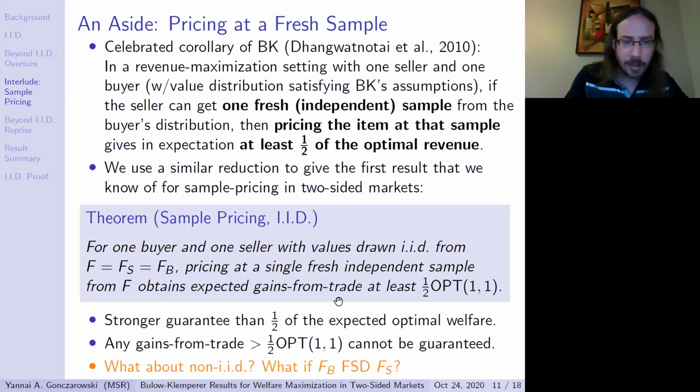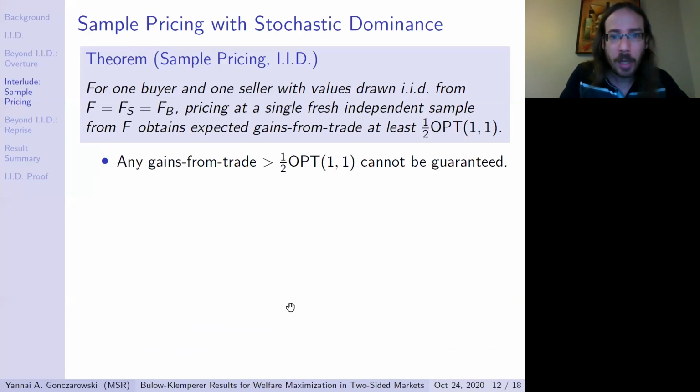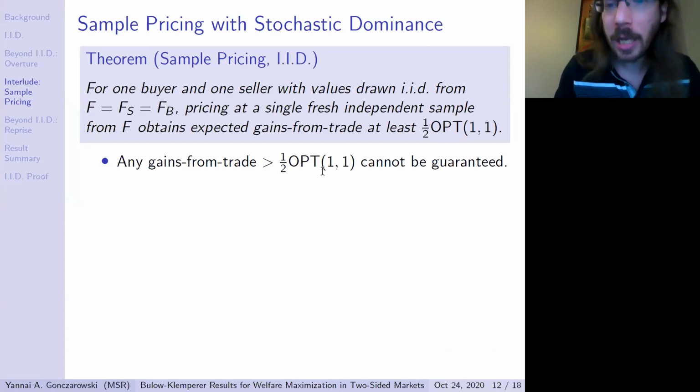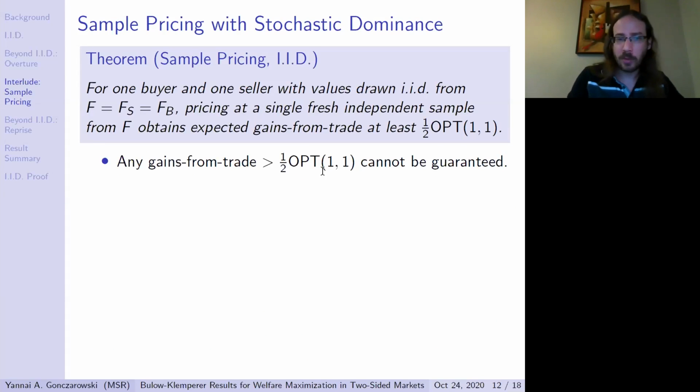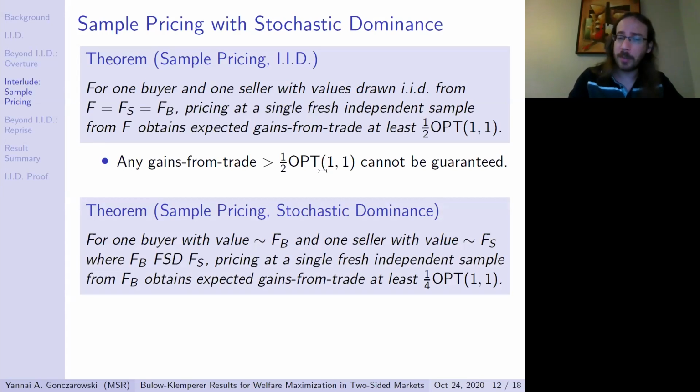So this is nice. And you can ask, what about non-IID? Because I promise you that you're going to learn something from this, for this aside for the question that I asked you about. What about FB that first order stochastically dominates FS? So this is our IID result. And once again, we can't really replicate it for stochastic dominance, but here we can do something qualitative.